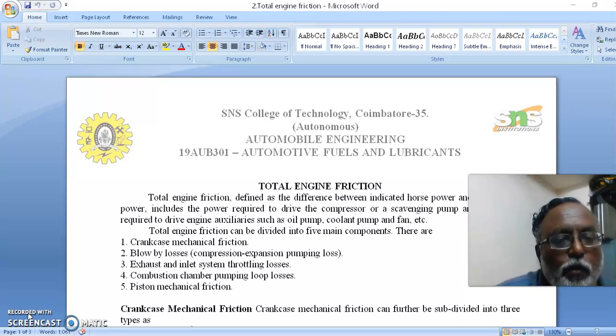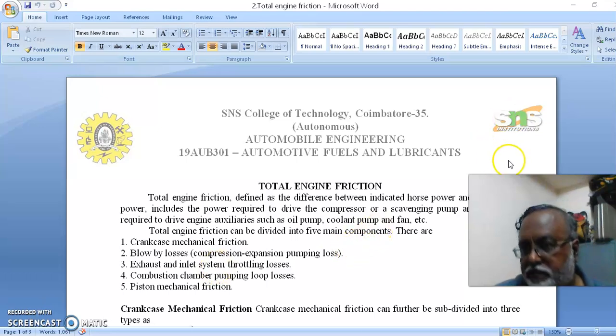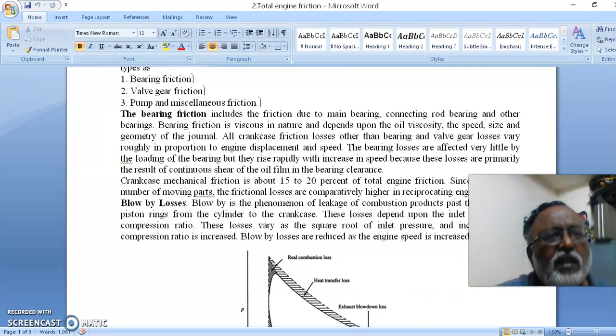Second one is blow-by losses, that is compression expansion pumping losses. Third one is exhaust and inlet system throttling losses. Fourth one is combustion chamber pumping loop losses. The last one is piston mechanical friction losses. So let us discuss one by one.